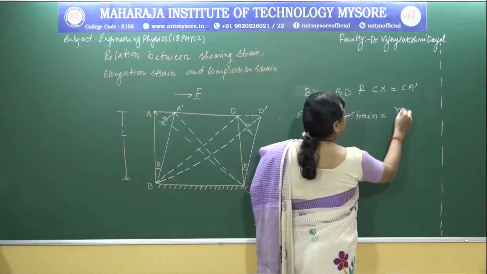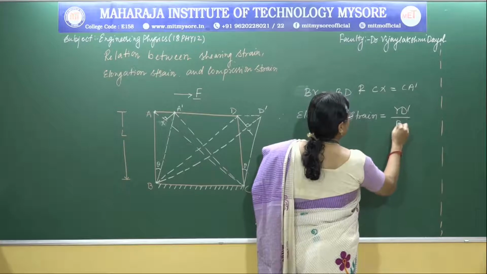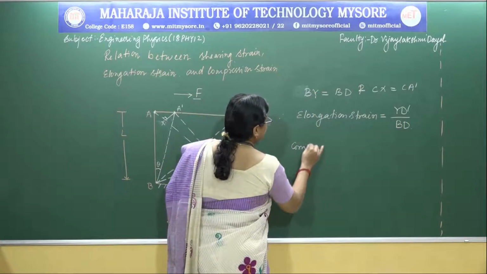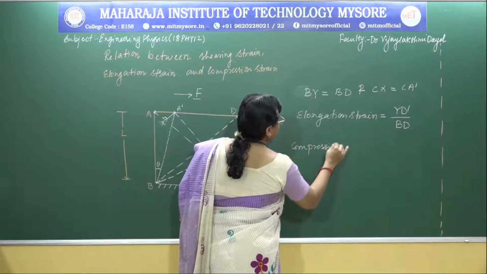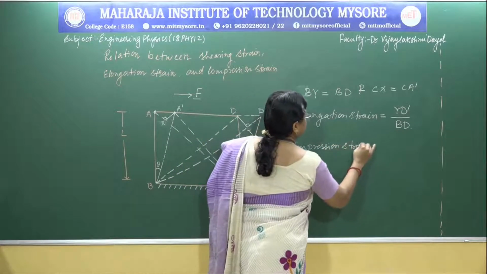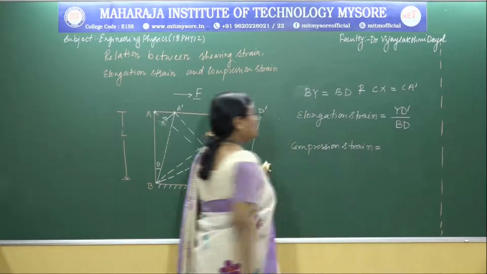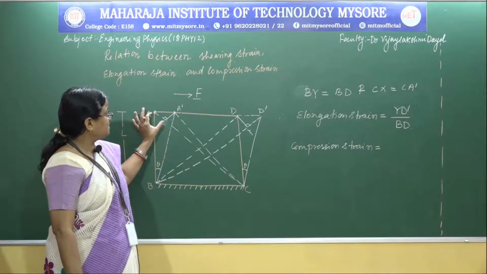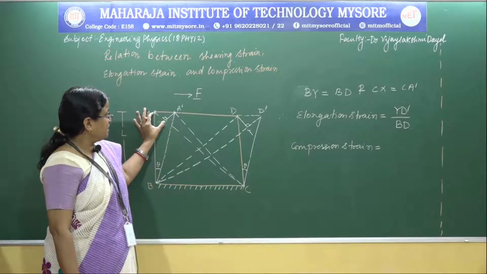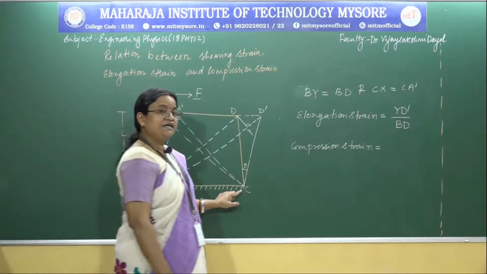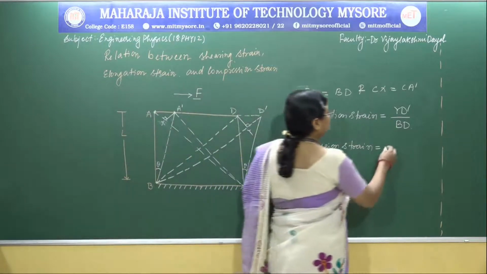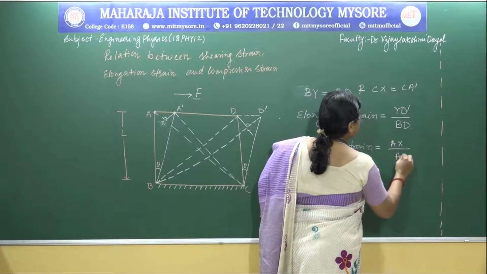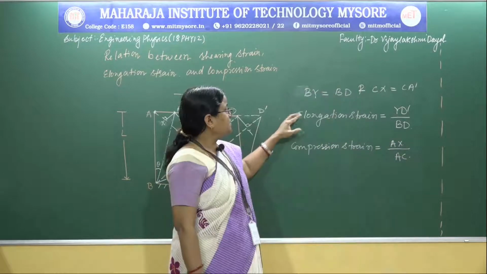So it will be equal to YD dash by BD, and the compression strain will be equal to the change, which is AX, and the original, which is AC, so AX divided by AC.